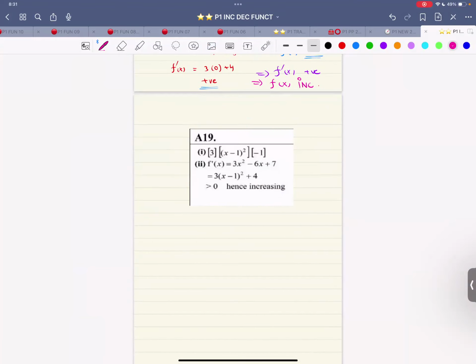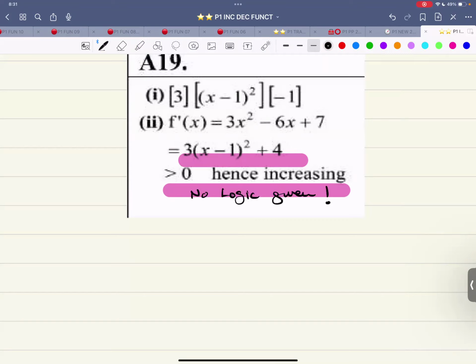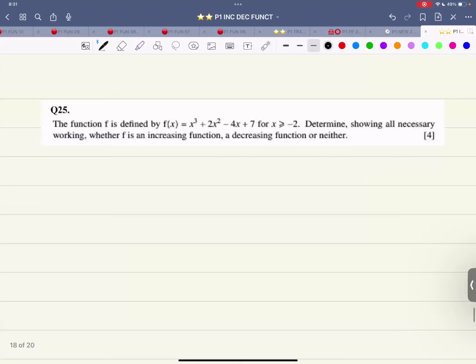Now over here, it says we change it into the completed square form. And it just says hence increasing. Again, no logic given. So don't expect logic from the examiner. That is what I'm here for, to make you understand everything.